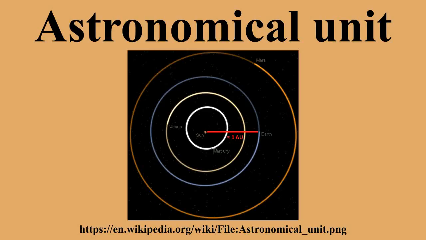Usage and significance. With the definitions used before 2012, the astronomical unit was dependent on the heliocentric gravitational constant, that is the product of the gravitational constant G and the solar mass M. Neither G nor M can be measured to high accuracy in SI units, but the value of the product is known very precisely from observing the relative positions of planets.